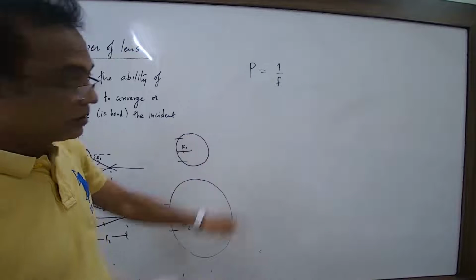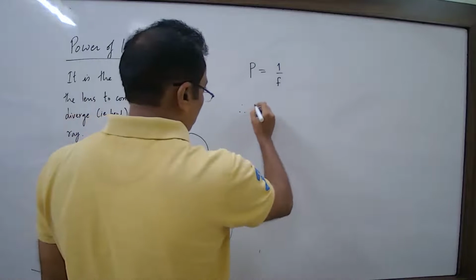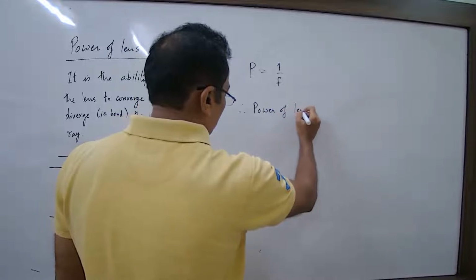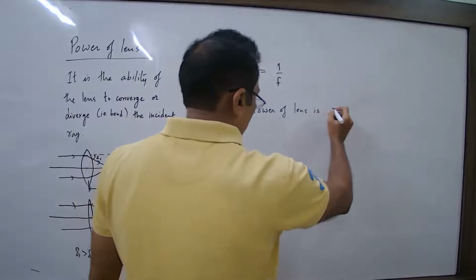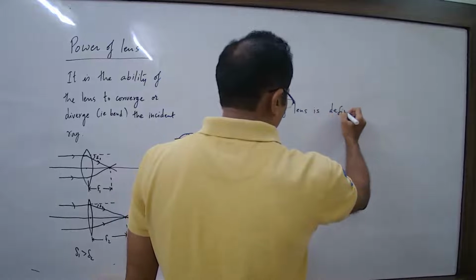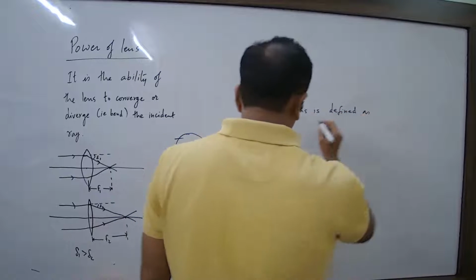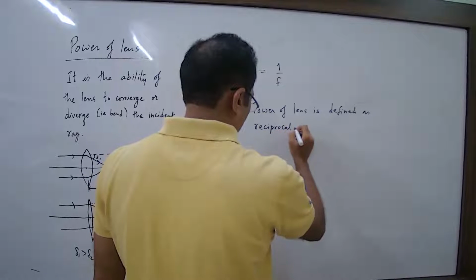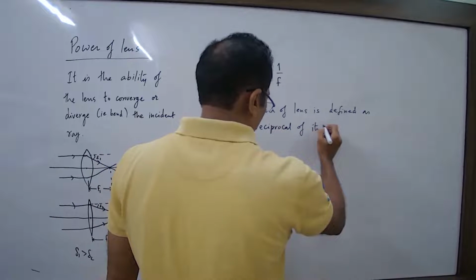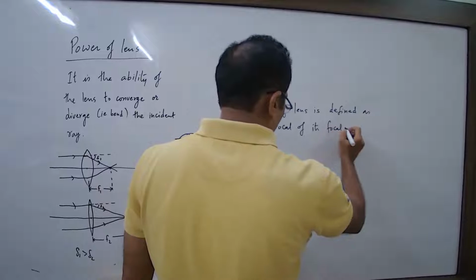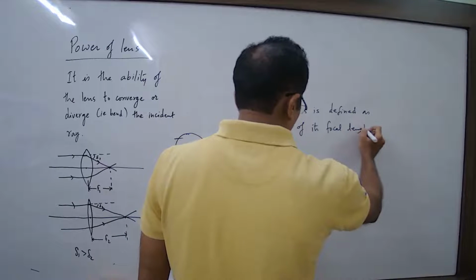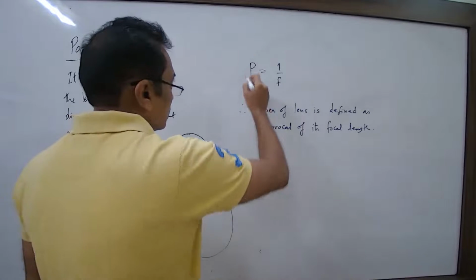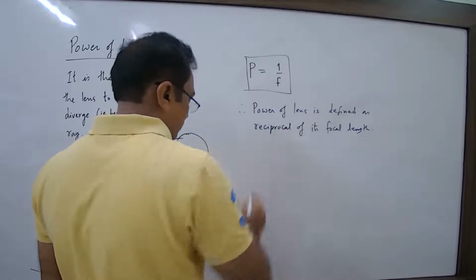Got it? So therefore, power of lens is defined as reciprocal of its focal length. Okay? So this is the formula for power of lens.